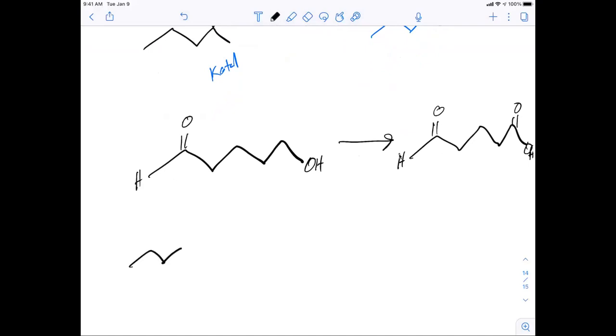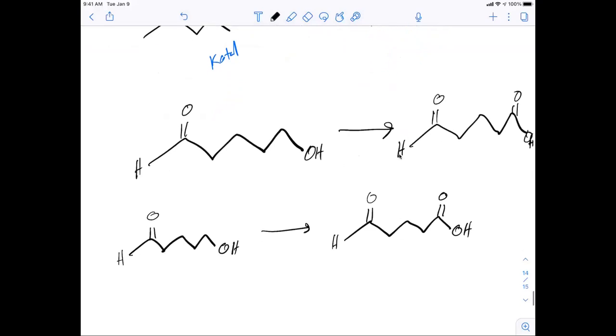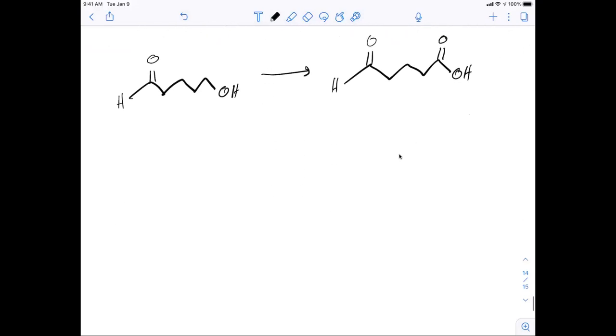I'll redraw that because I took up way too much space. But I'm not changing it. Okay, let's take a minute or so.